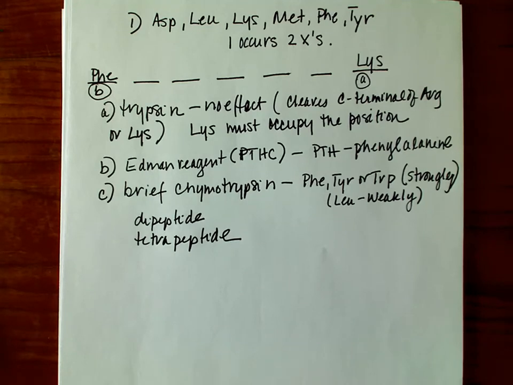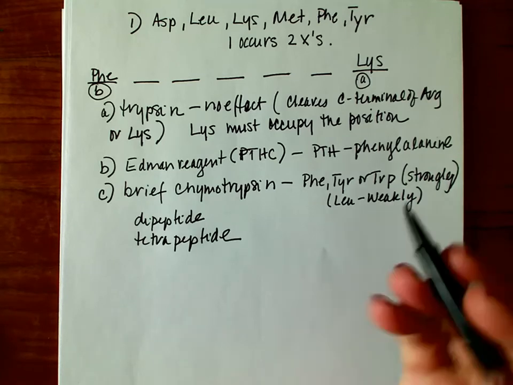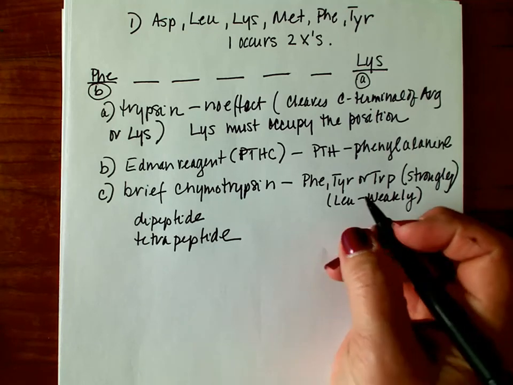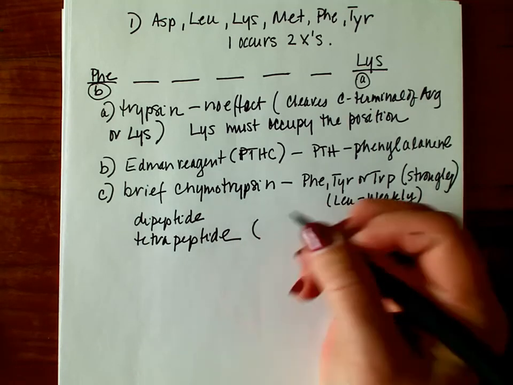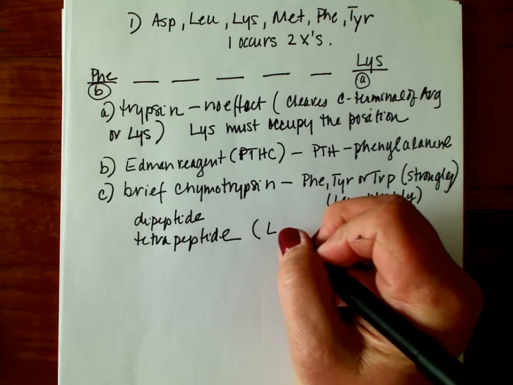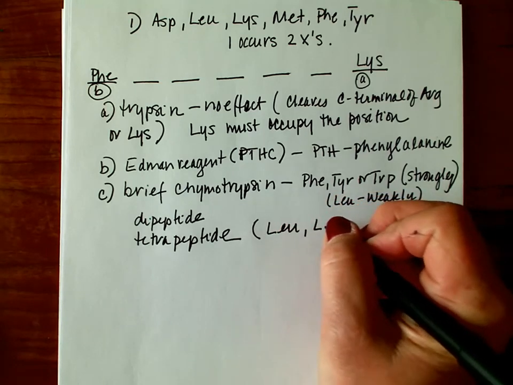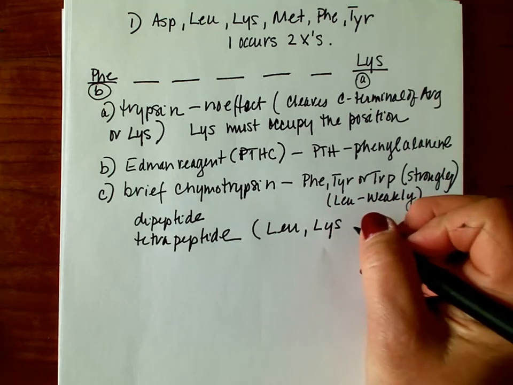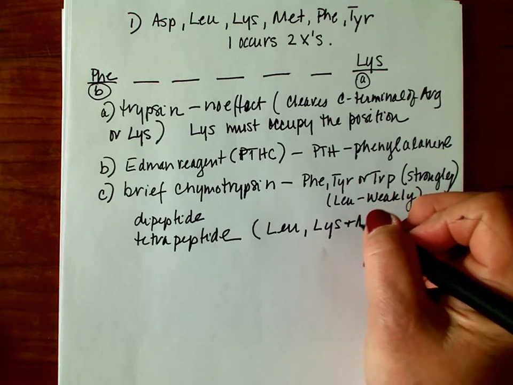What else would be released? We're also given the amino acid composition of this tetrapeptide: leucine, lysine, and methionine.